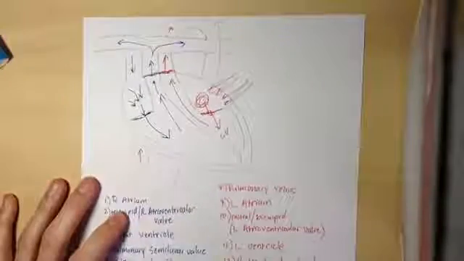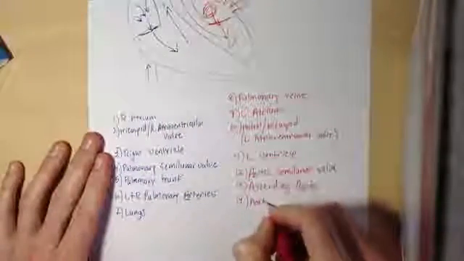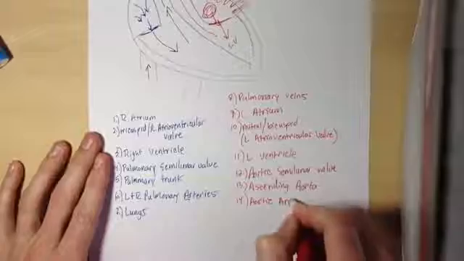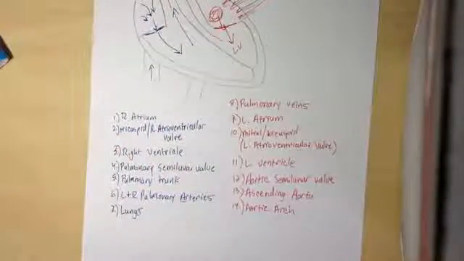From the ascending aorta, step number 14 is that the blood is going to curve around at the top here, and we're calling that the aortic arch. So number 14 is aortic arch. It is going to branch off here into different branches and go up to the top of the body, the brain, you know, all those kinds of things.